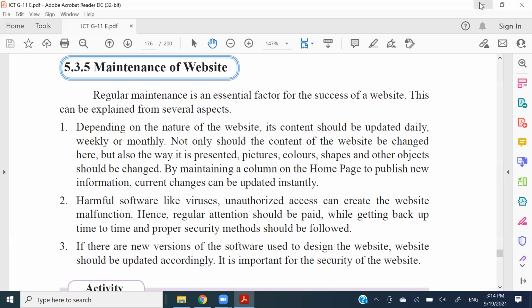So from that point of view, the presentation, the pictures, the colors, the shapes, all these things matter, right? And you should maintain your homepage to give the user an insight into the updations which are happening recently, right?